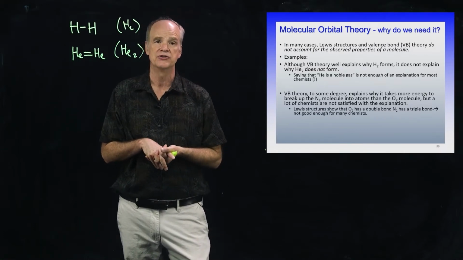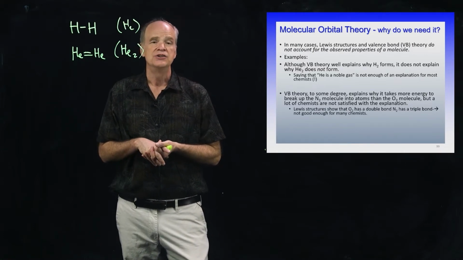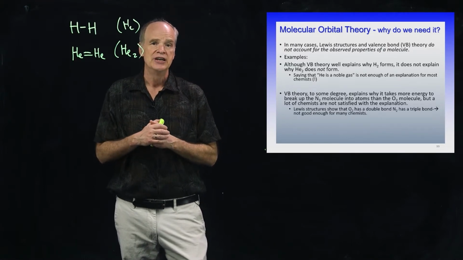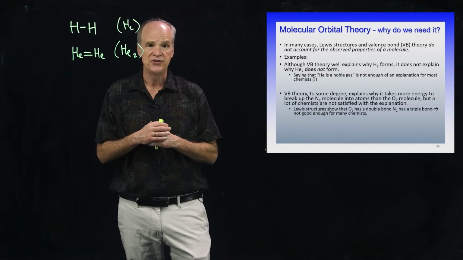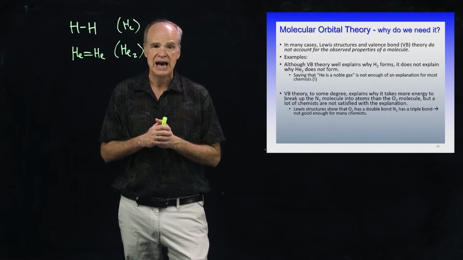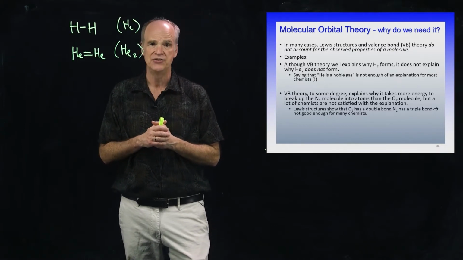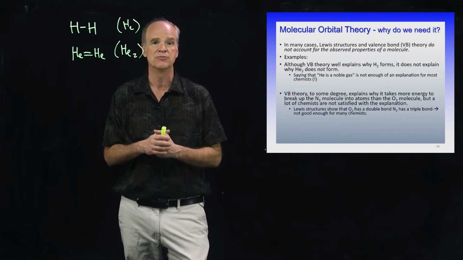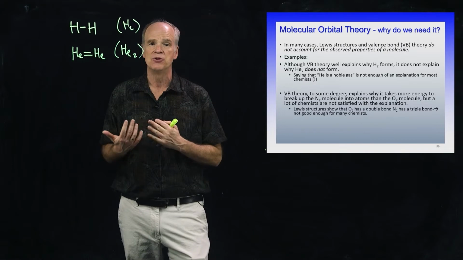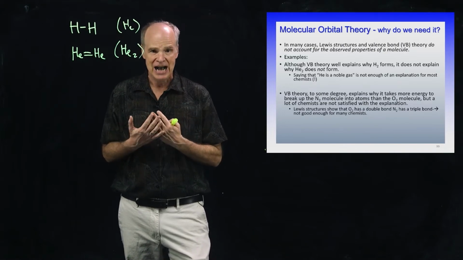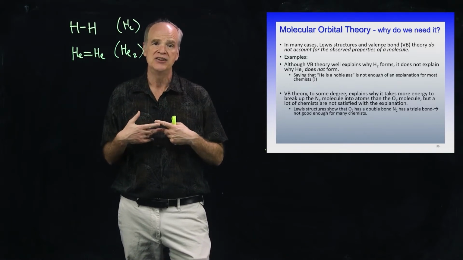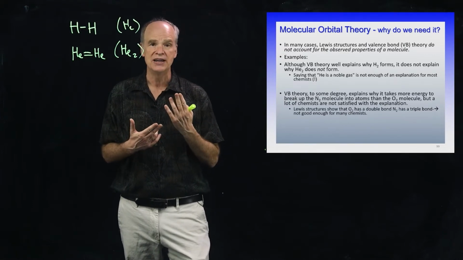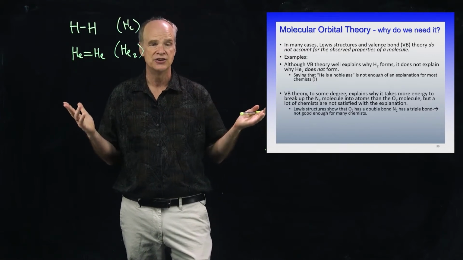So for example, you know perhaps from studying bond dissociation energies that when you increase the number of bonds between the atoms, say from 1 bond to 2 bonds to 3 bonds, it's going to take a lot more energy to break the bond. So for example, diatomic oxygen has 2 bonds between the oxygen atoms, and it requires some energy to break those bonds to release the oxygen atoms.